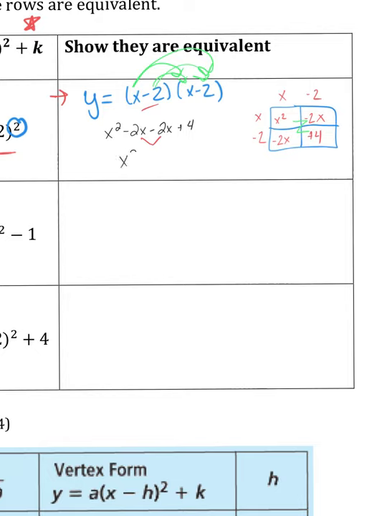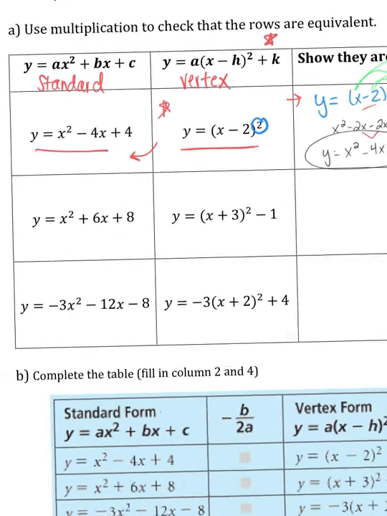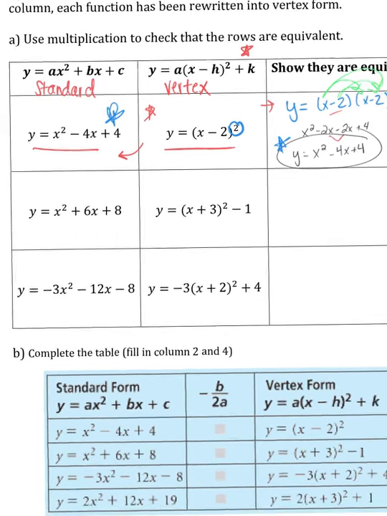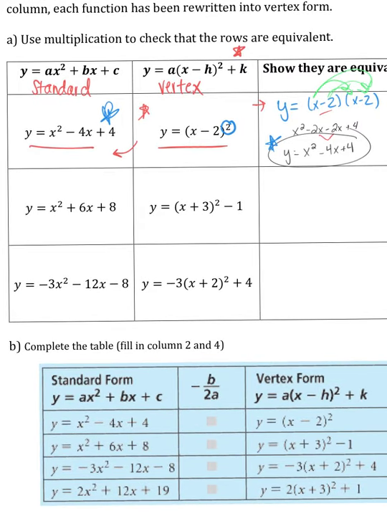So my end result will be x squared minus 4x plus 4. Okay? And I'm going to stick a y equals in front. So when I move over, I see that this is the same as this. Okay? So as you can see, once we FOIL things out, we can see that they're equivalent.